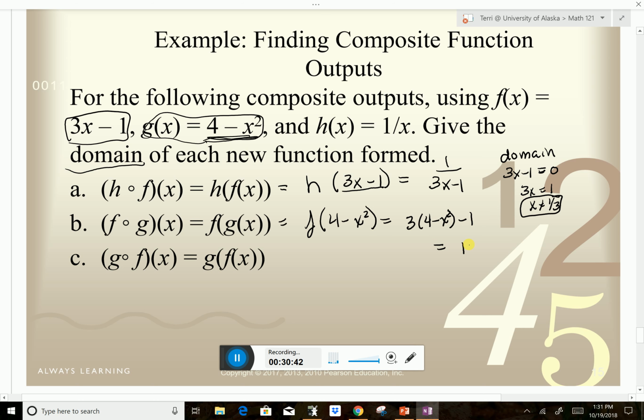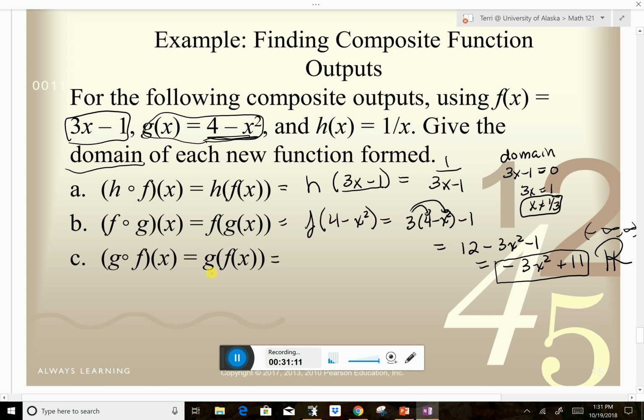And that equals 12, I'm just distributing this 3, minus 3x squared minus 1, or negative 3x squared plus 11. Now, are there any domain restrictions on this one? No. The domain is all real numbers. Negative infinity to infinity. Anything's allowed to be in there.